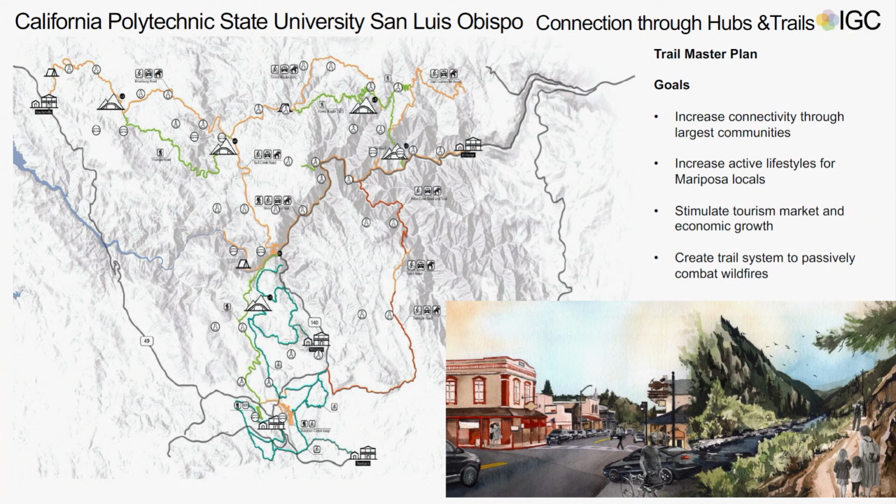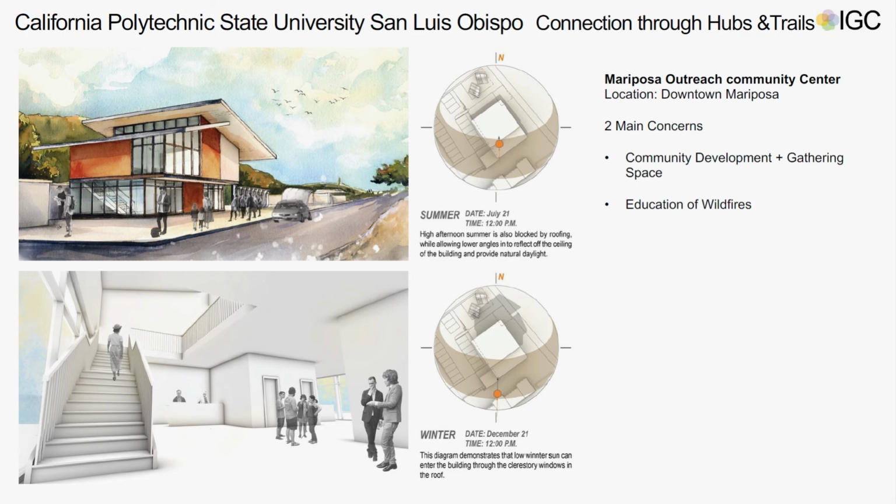And the program elements that we put into this design are meant to reflect the community of Mariposa as well as accomplish those other goals I mentioned before. So this is the same image that I was showing earlier, and I already kind of talked about it, but it also serves as a gathering space for the community members of Mariposa County.